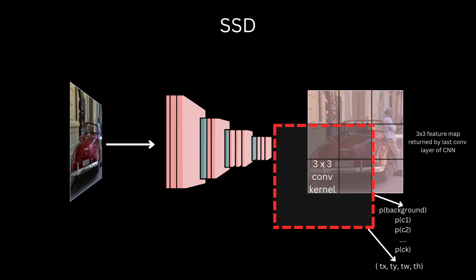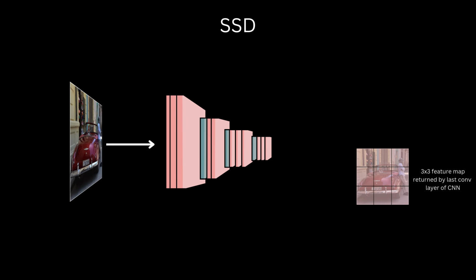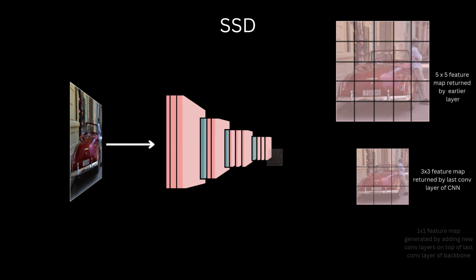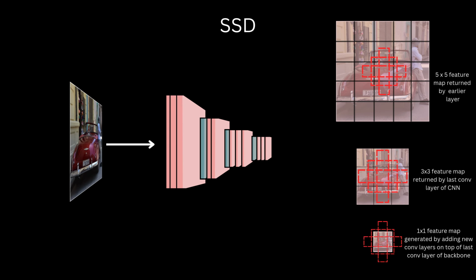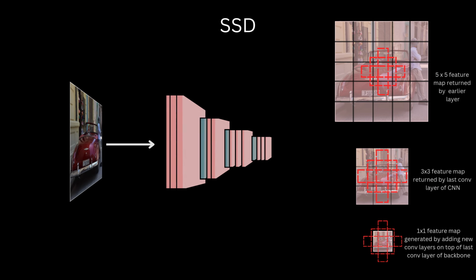Secondly, we don't just make predictions for default boxes on the last feature map, but in fact use feature maps of multiple layers at different resolutions and make predictions for default boxes of different scales and aspect ratios for each of these feature maps. Here I have just shown the reference boxes at the center cell, but they'll be present for all the feature map grid cells.